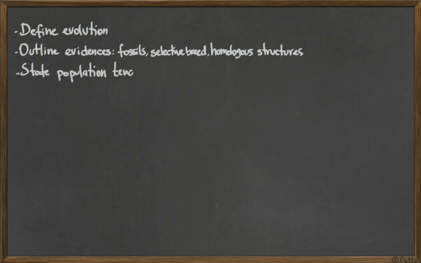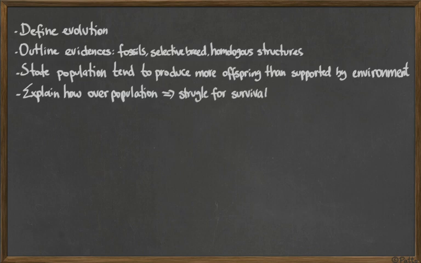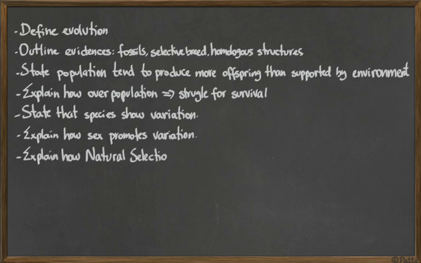Okay, you should be able to state that a population tends to produce more offspring than the environment can support. This is the basis for natural selection. Now, you should be able to explain how this overpopulation leads to a struggle for survival, and state that the species show variation. Discuss how this variation comes about: sex promotes variation, meiosis, and so on.